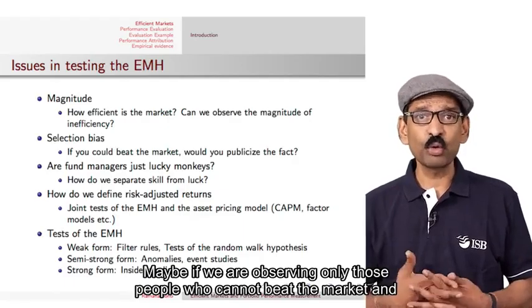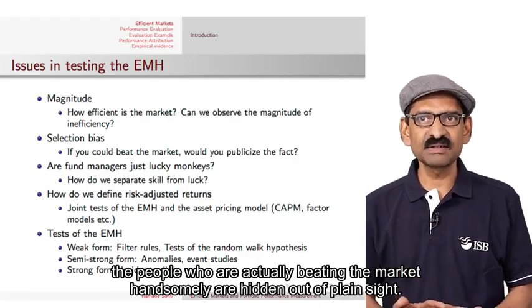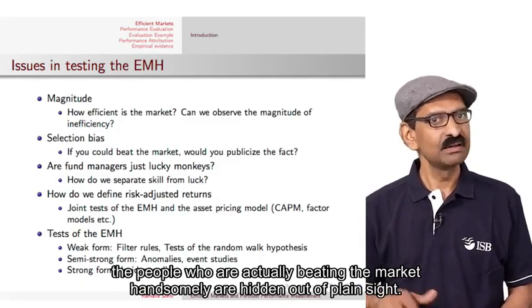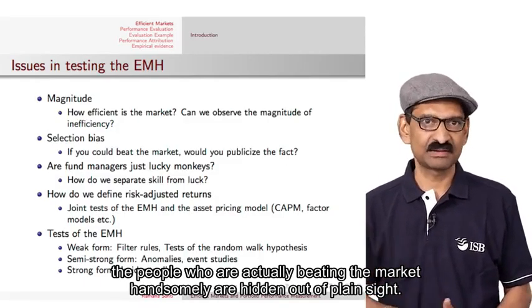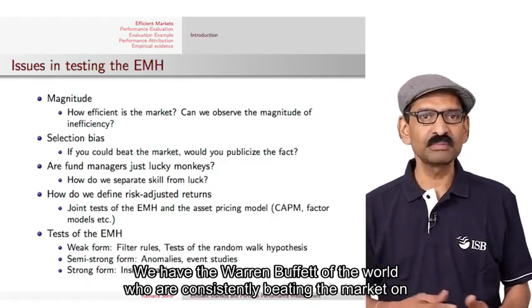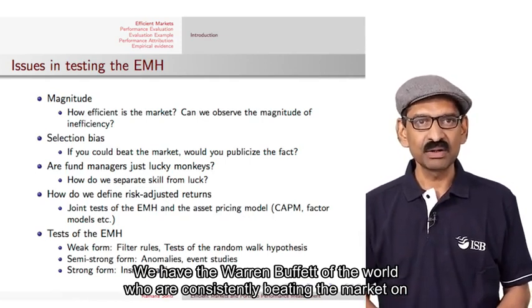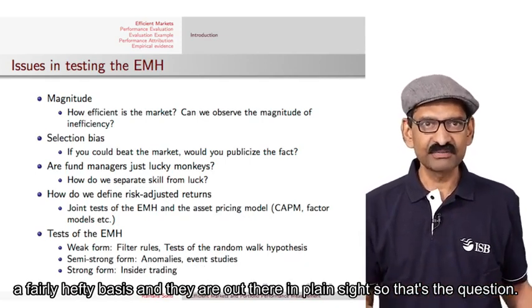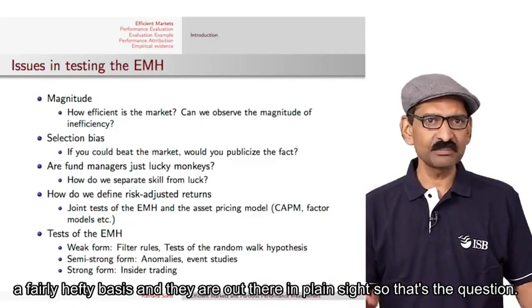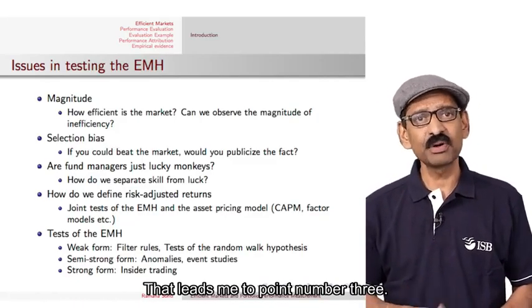Maybe we are observing only those people who cannot beat the market, and the people who are actually beating the market handsomely are hidden out of plain sight. Of course, some of them are not hidden in plain sight. We have the Warren Buffetts of the world who are consistently beating the market on a fairly hefty basis, and they are out there in plain sight.